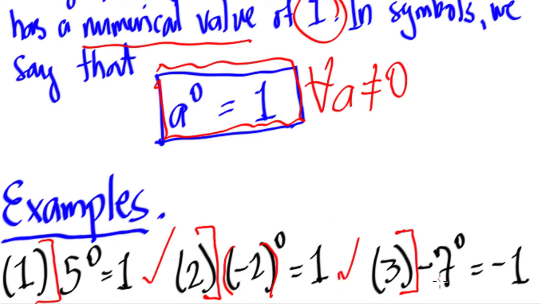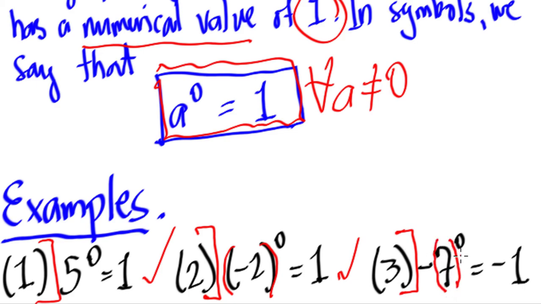But take note, recall our first part in the exponents wherein I told you a misconception, or rather a reminder, about negative signs when we are raising it to 0, to any number. So we have here minus 7 raised to 0. Take note, the 7 here is not enclosed in a parenthesis, so it's not a single grouping. In short, the one which is raised is not the negative 7 but only the 7.